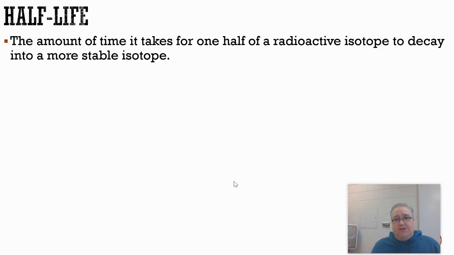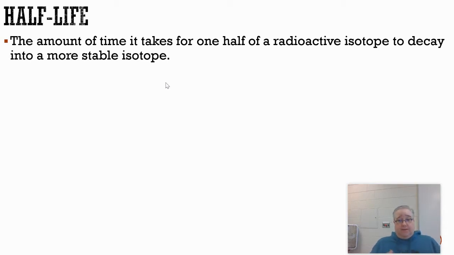So let's go ahead and start just with a definition of what half-life means, right? Half-life is a certain amount of time that it takes for half of a radioactive isotope to decay. Now, that word decay means to break down, right? So it's going to decay into something more stable.